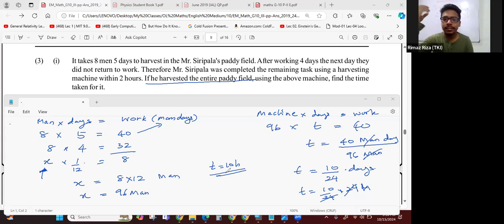Do you all understand? So you can see if 8 men work for 5 days only then they finish that task. But if the single machine can do the work of 8 men, which takes 5 days, it can finish the work in only 10 hours.